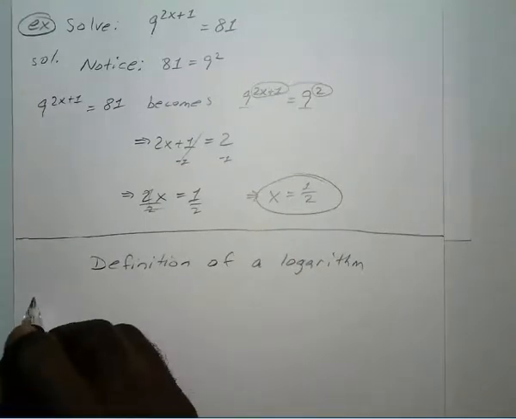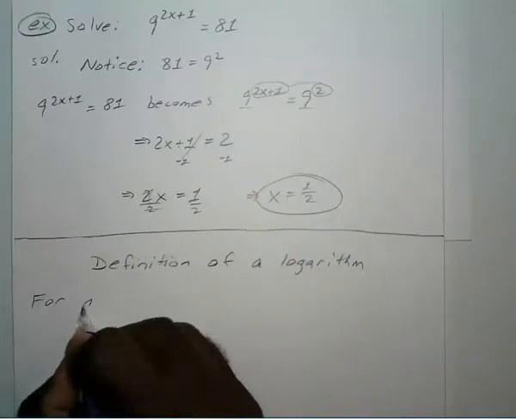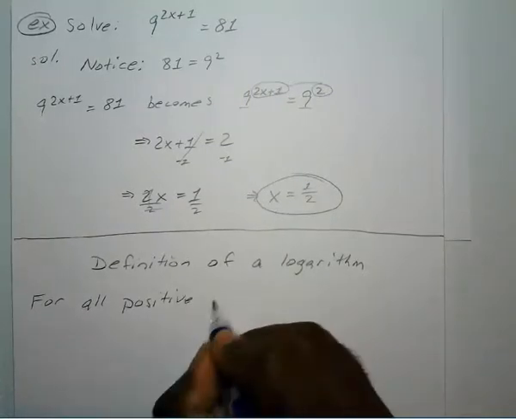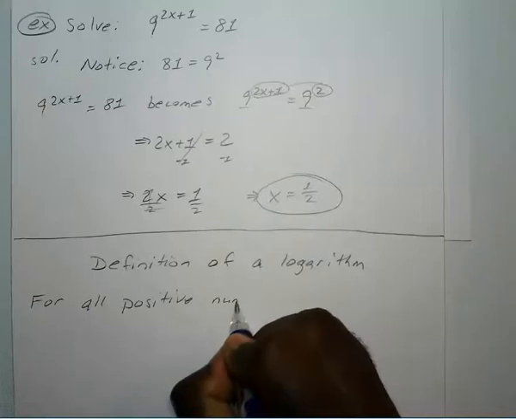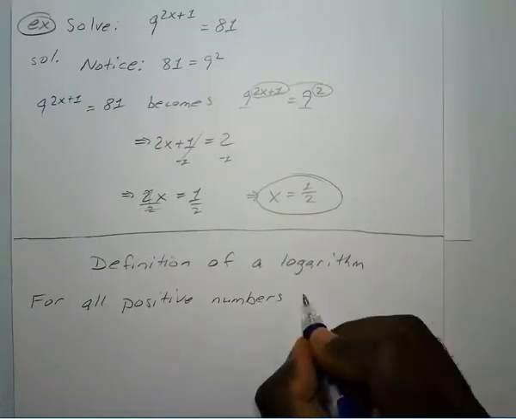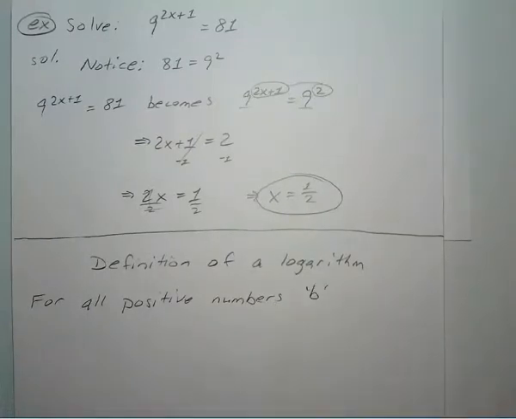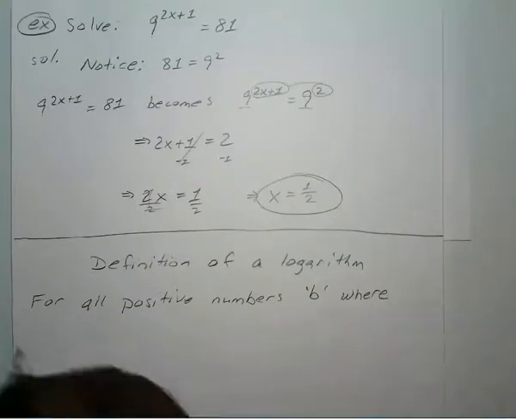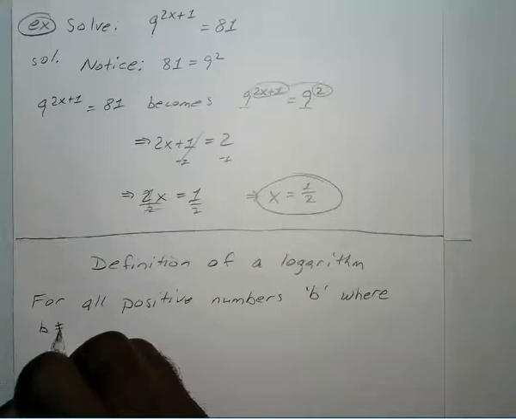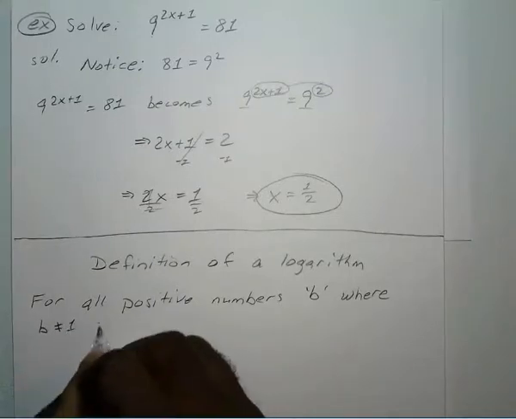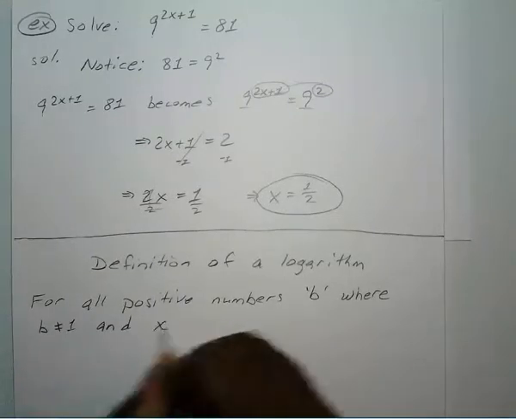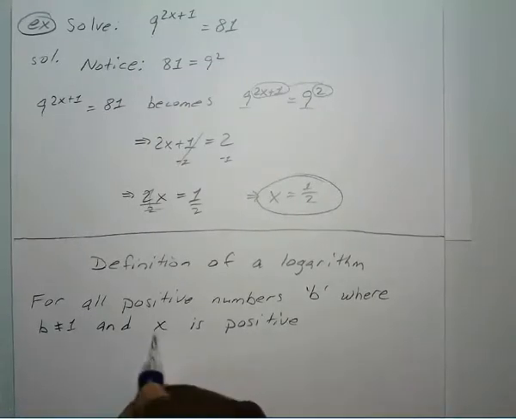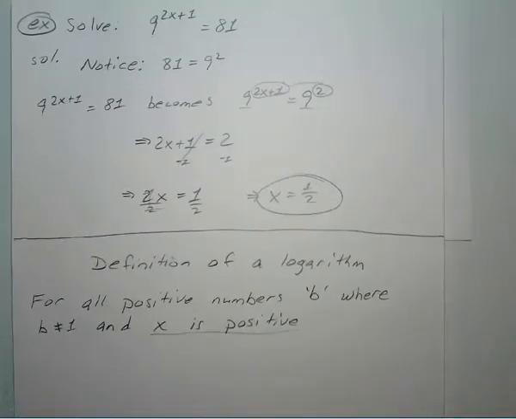Let's say for all positive numbers, and we'll call those positive numbers B, where B does not equal 1 and X is positive. That's going to be important to remember later on.